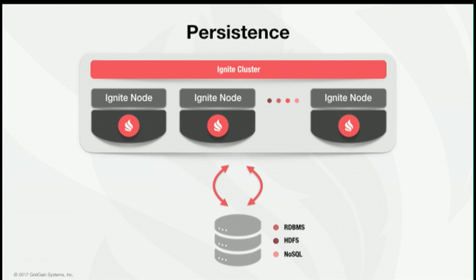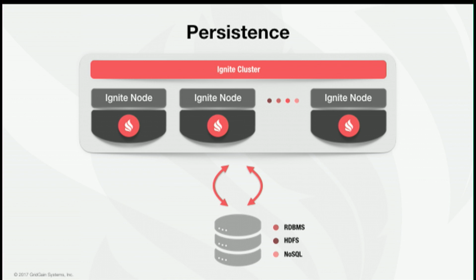You can add persistence, right? So you can add a persistent storage that will save your data forever, and you will be able to reload from it. So that's the first option of persistence that is provided by Ignite: integration with any kind of third-party persistent storage. It can be relational database, it can be HDFS, MongoDB, Cassandra, whatever.